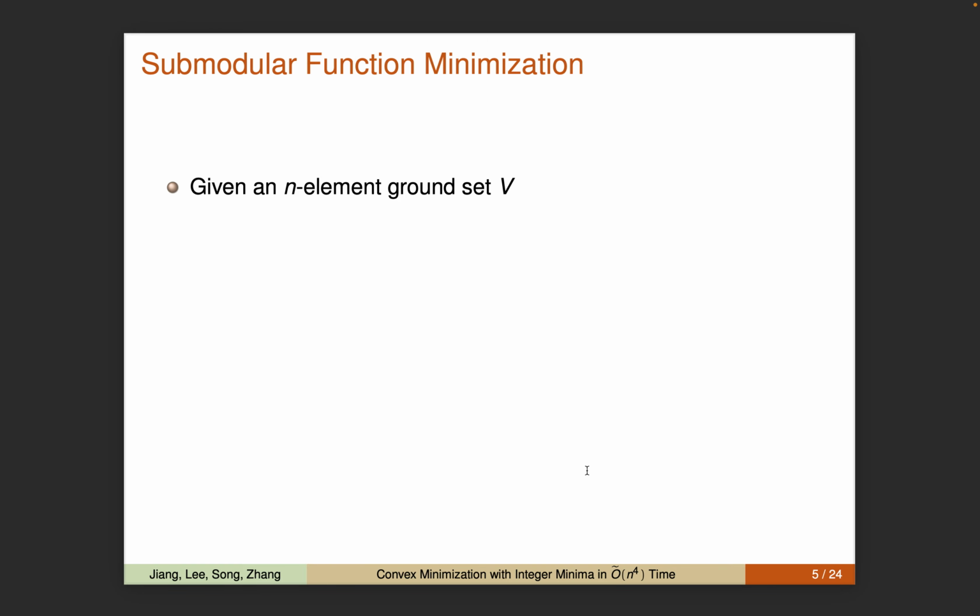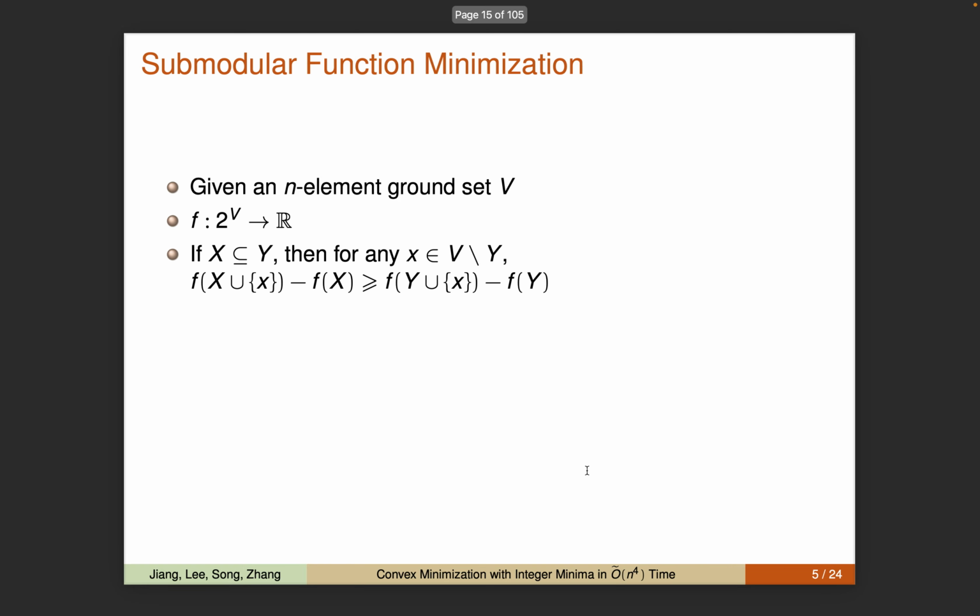One example is submodular function minimization. Given an n-element ground set V, the function f is a mapping from any subset of the set V to a real number.